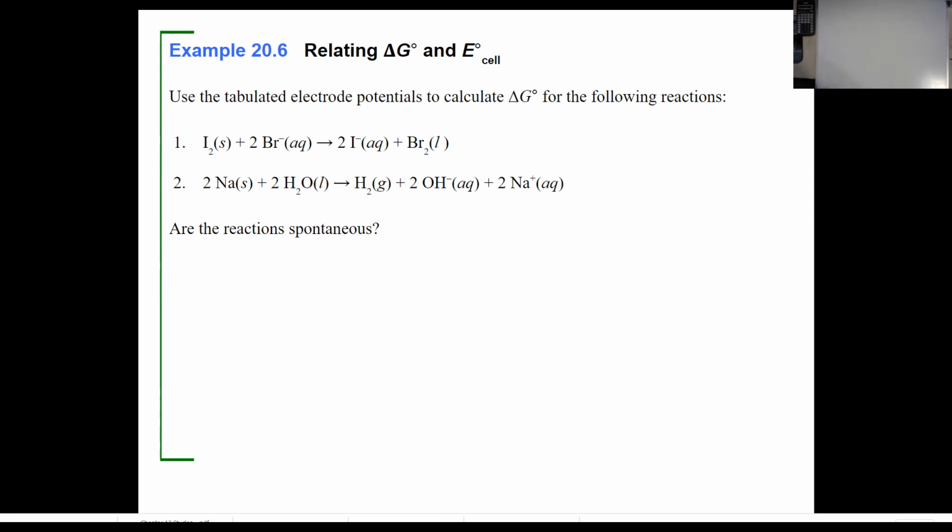And we're going to look at the overall reactions for each one of these. And we have to figure out how many electrons were used in the reaction, okay? Because that's going to help us relate these two values. Once we have our E cell value and our number of electrons, then we're going to be able to calculate delta G.